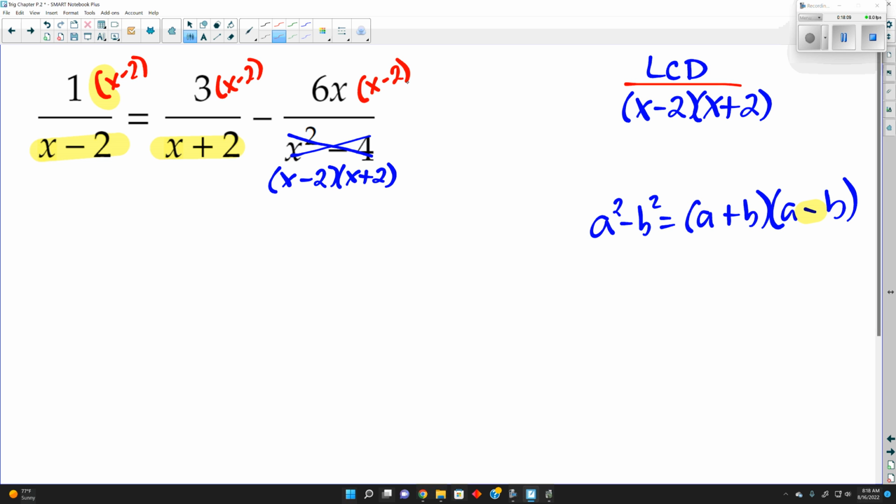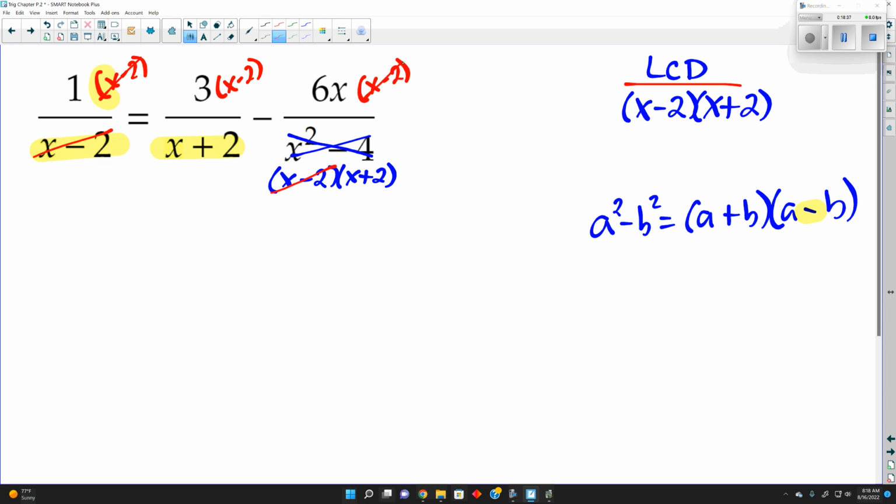If we multiply everything by x minus 2, in the first expression the x minus 2 and x minus 2 would cancel because they would be on top and bottom, and anything divided by itself is 1, so they would simplify out. If we look at the middle term, this x minus 2 and x plus 2 won't simplify. They're not the same. And in the last one, this x minus 2 and this x minus 2 would cancel, and we've simplified each of the terms with the x minus 2.